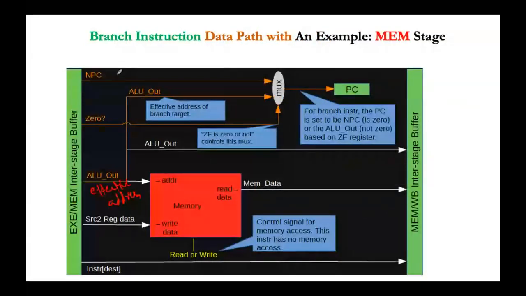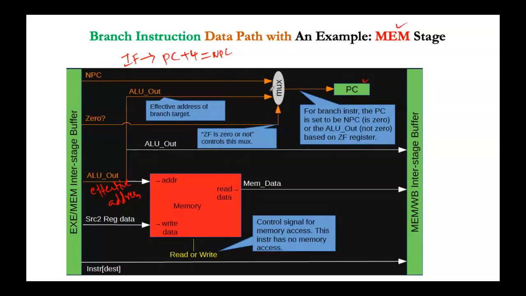As soon as the instruction is fetched, the program counter is immediately added with 4 bytes, which we call the NPC. This NPC is also given as an input to the multiplexer, to choose whether to take the branch or not. The program counter is updated at the memory stage.